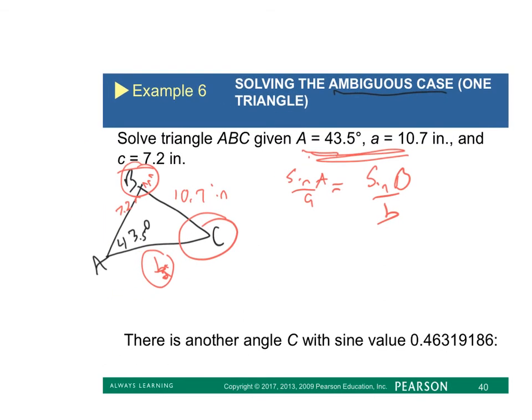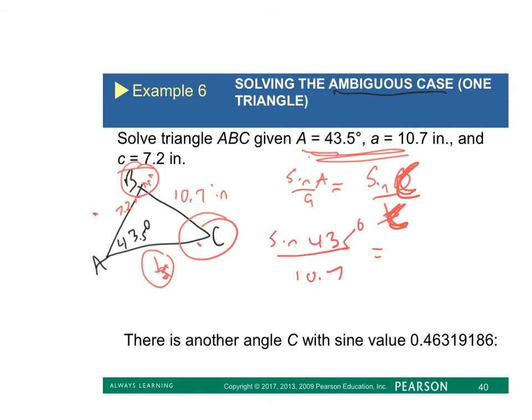So go with a pair that has something, the C. Go with the C because then, let's see how that's going to work. Sine 43.5 degrees over 10.7 inches.